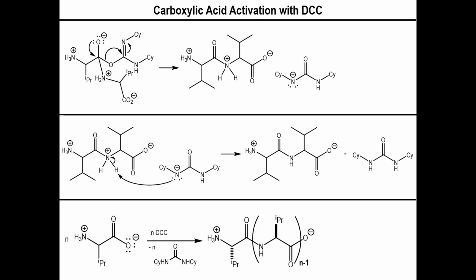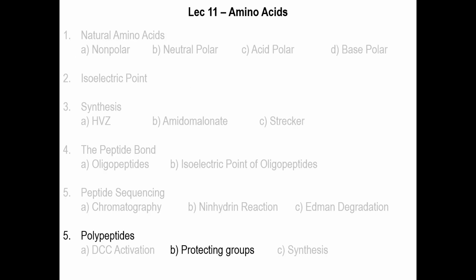But in most situations, you probably want to have different amino acids in different orders present in your sequence. And so this will automatically be a no-no for that type of approach. So here is where you have to start thinking about how do you go about protecting the amino groups and the carboxylic acid groups so that they're not available for reactivity all the time.